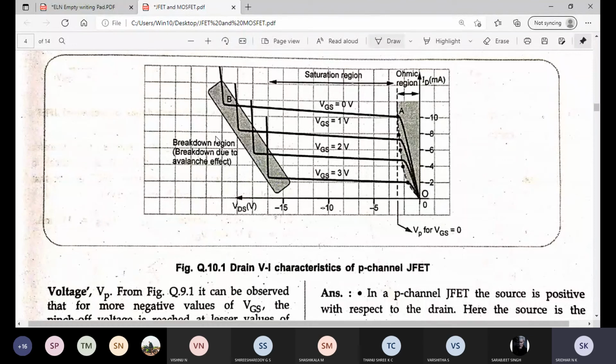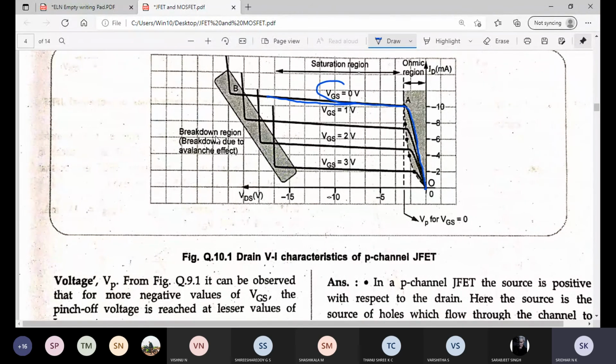That is case 1. As you increase VDS in steps, the current also starts increasing linearly, and at one point it becomes constant. This is for VGS equal to 0.